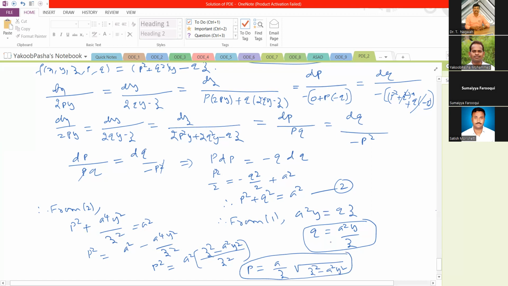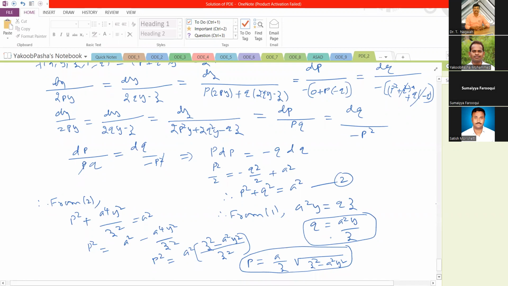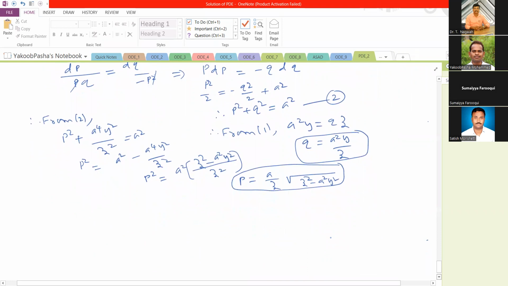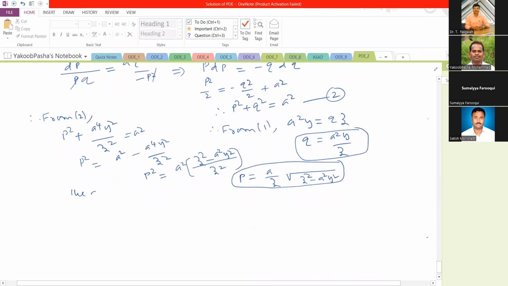Once the p and q values are obtained, we have to substitute them in dz is equal to pdx plus qdy. So the general solution is dz is equal to pdx plus qdy.